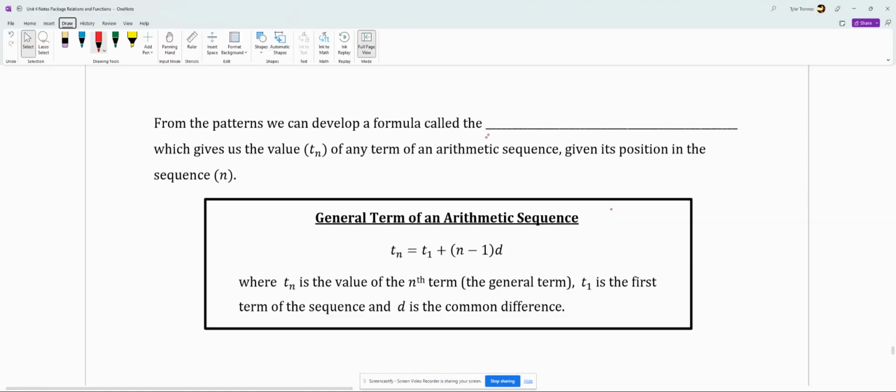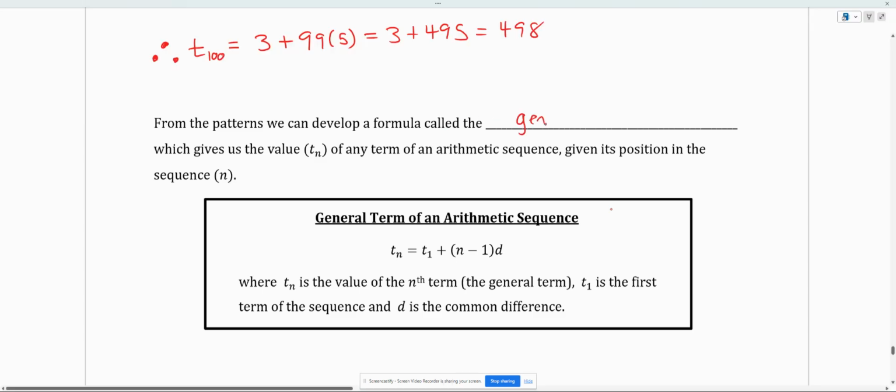Okay, so we've come up with a general term. So from the patterns, we can develop a formula called the general term. And that general term, which gives us the value of t to the n, that is general. So I can say n could be 1, 2, 3, a million, 345, doesn't matter.